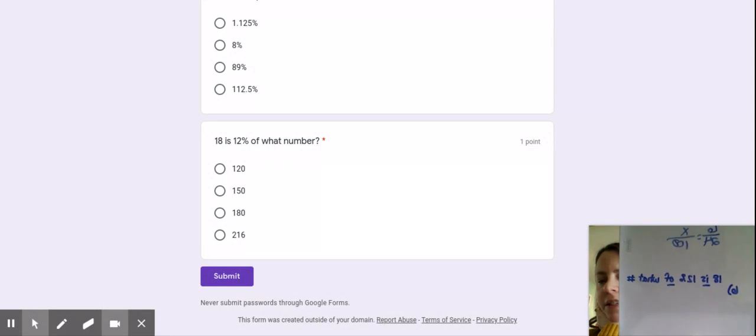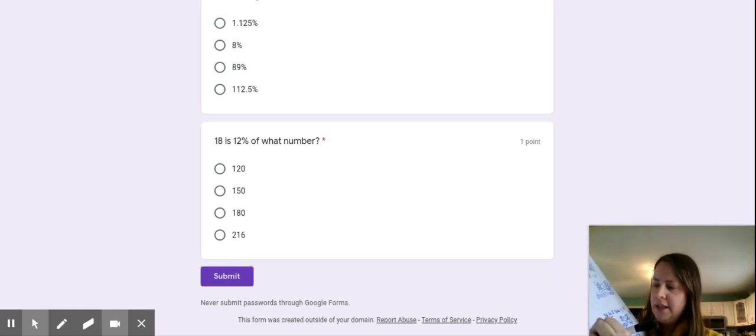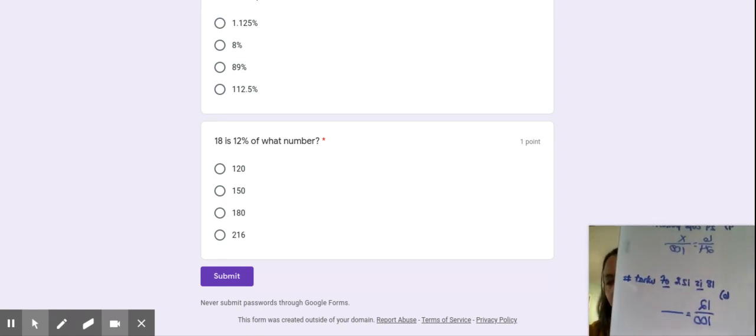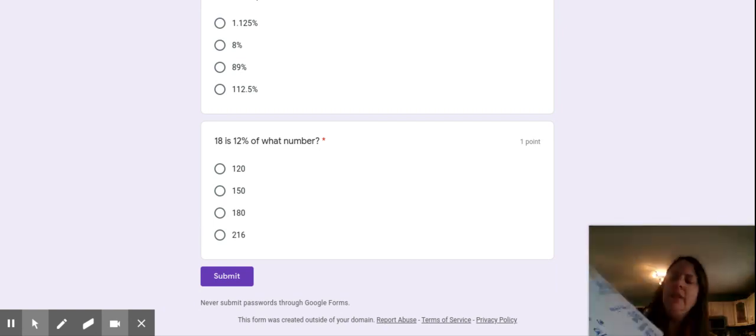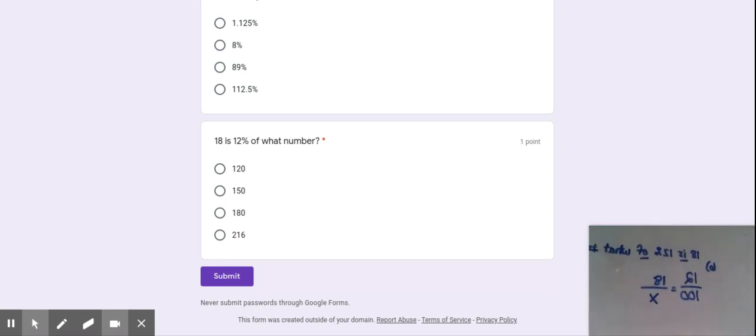Okay, last one. Again, pay attention to the is and the of. 18 is 12% of what number? Whenever I see that percent, I know it needs to go over 100. Of what number? That's going to be my x, and I know my of is on the bottom, which means my 18 needs to go on top, and that makes sense also because right here I have that is right after the 18.